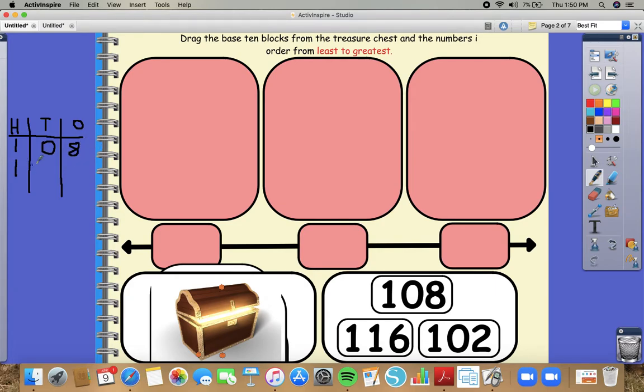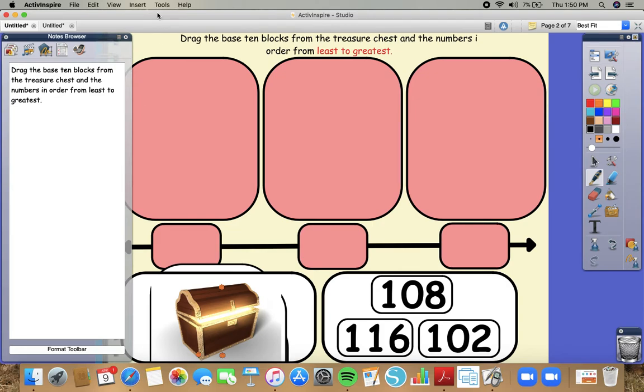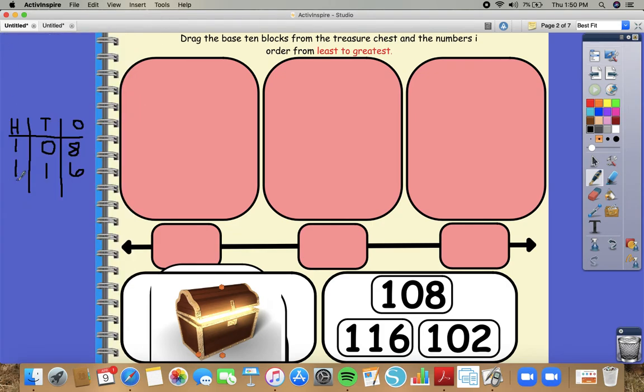And for 116, we're just writing it across. And the same for 102. Alright, so we have all our numbers here.